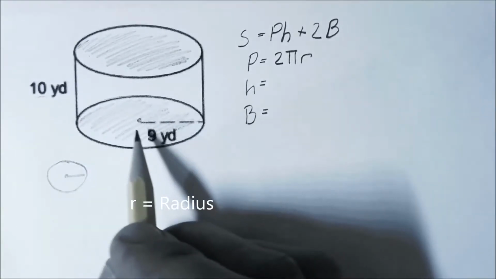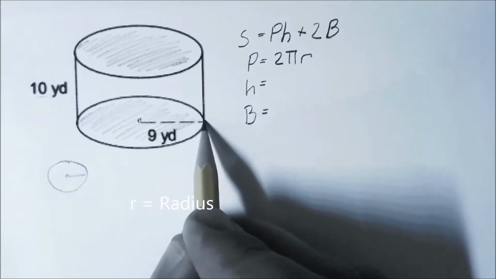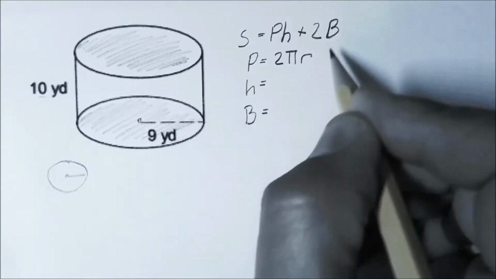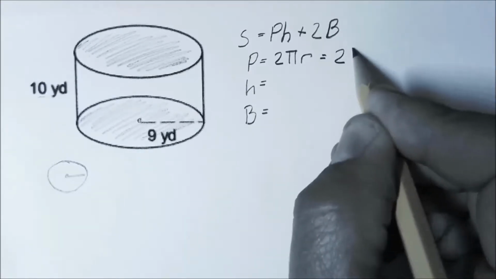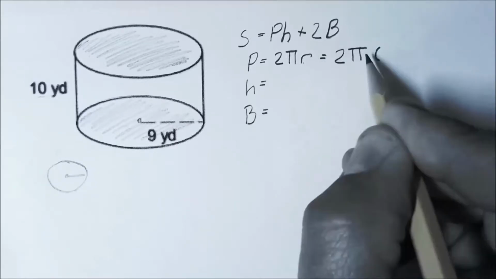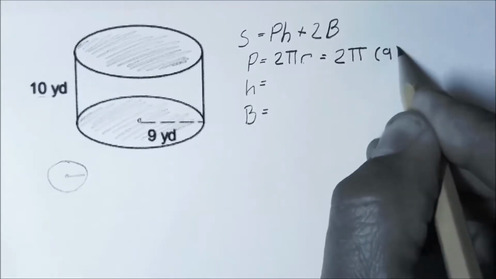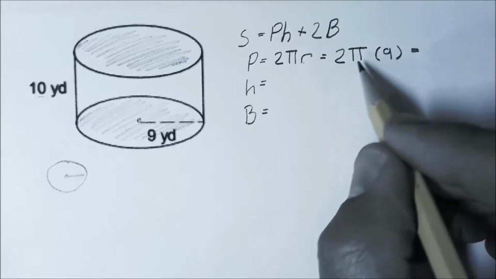Our radius is from the center point of the circle over to its circumference, and it gives us a value of 9. So we can go ahead and plug that in, and we can say 2 pi, and instead of writing r this time, we're just going to put the number 9 in there, and we can do the math on this.